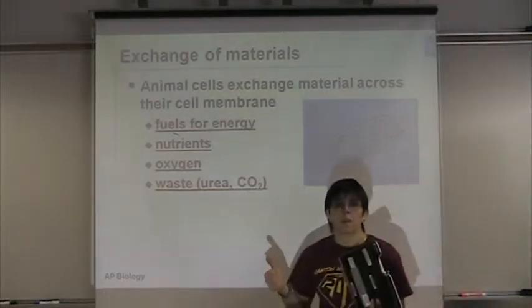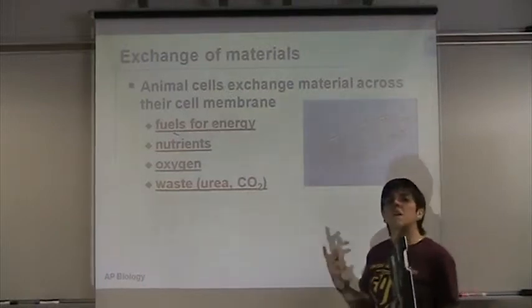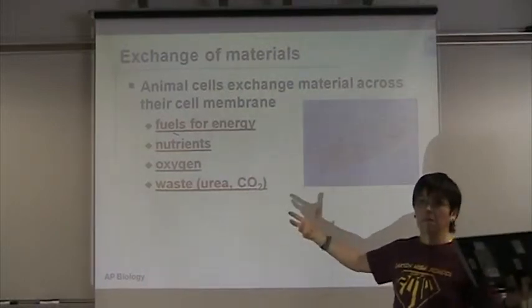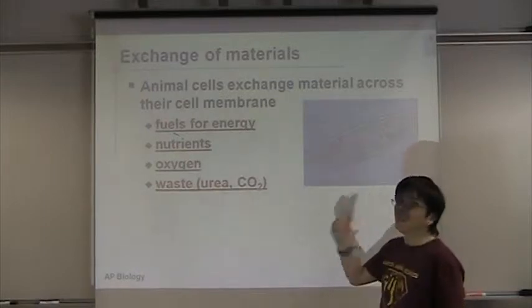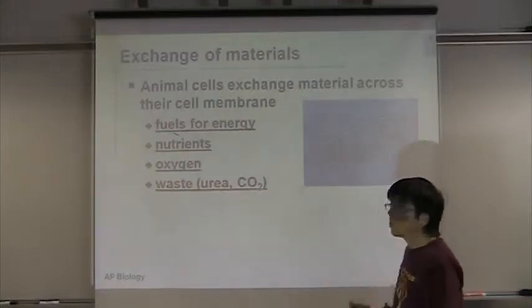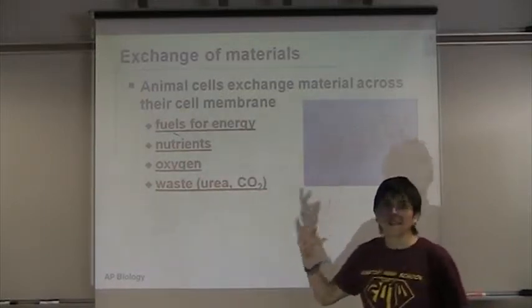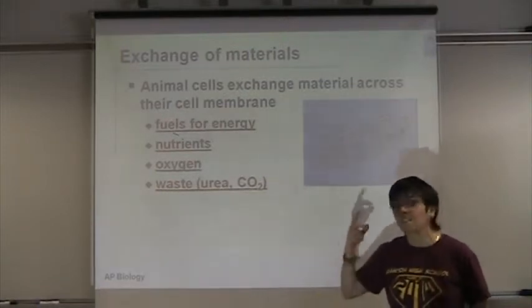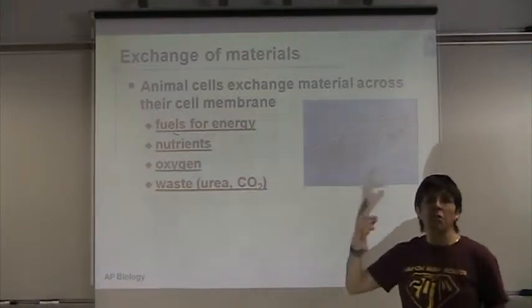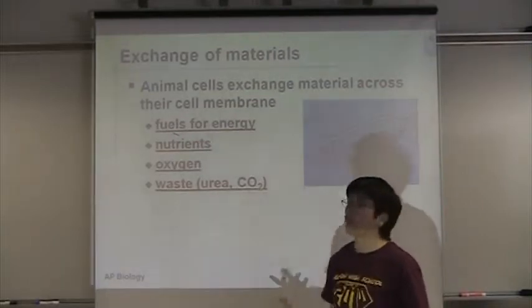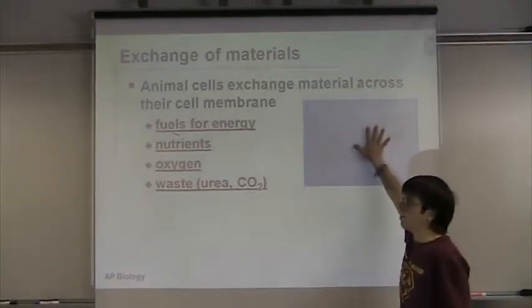So it's not just glucose for energy, but it's all the other things that they need to build the inside of the cell. So starting with amino acids, nucleotides, nitrogen bases, fatty acids, glycerol, some cholesterol, some sodium, some potassium, some iron, you name it. The cells need all that stuff.